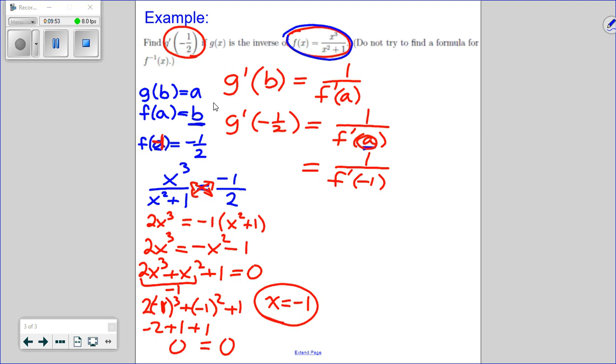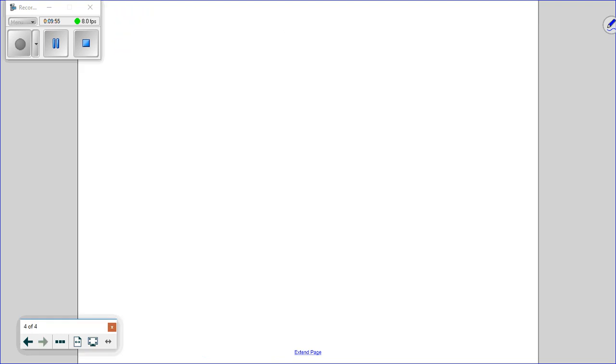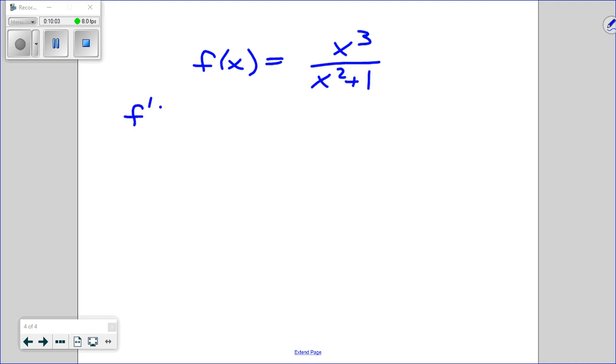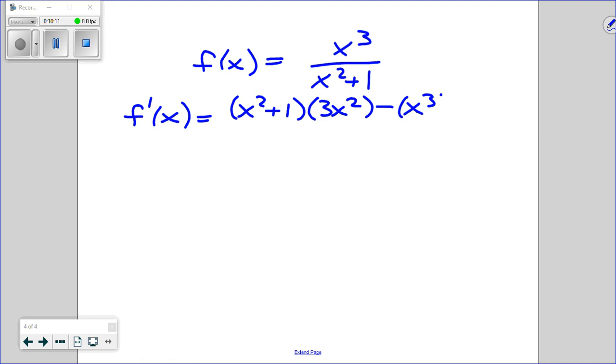Okay, x cubed over x squared plus 1. So remember, this is f of x. Quotient rule. So low d high minus high d low all over low squared.